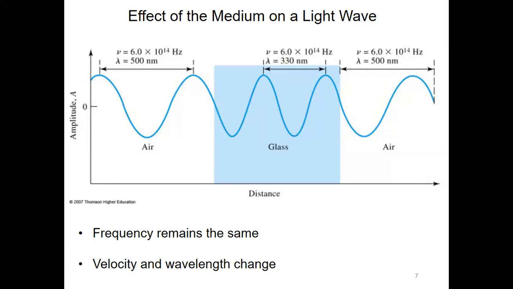But when we consider the glass, there are some electrons in the glass materials. So this light will interact with those surface electrons, and because of this interaction of the radiation with the matter, or radiation with the electrons, the speed or velocity will become less, so it will be changed.